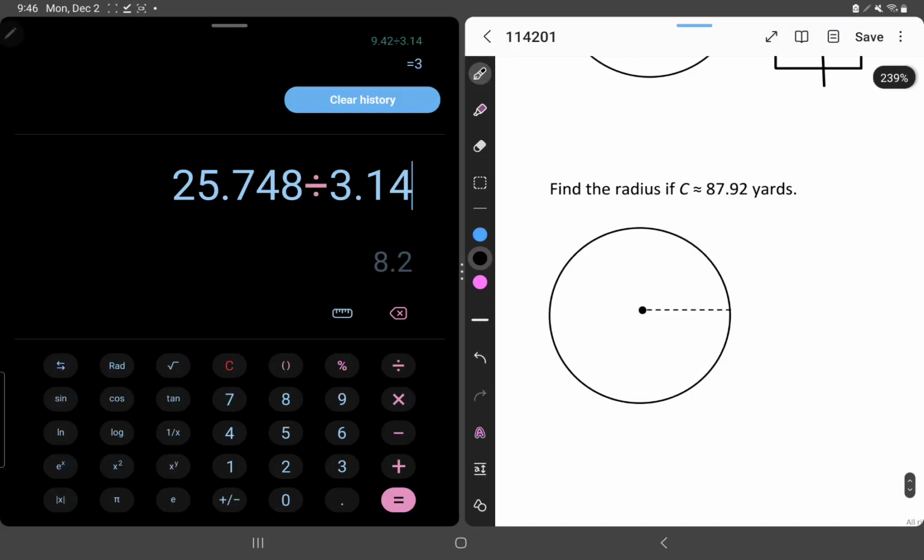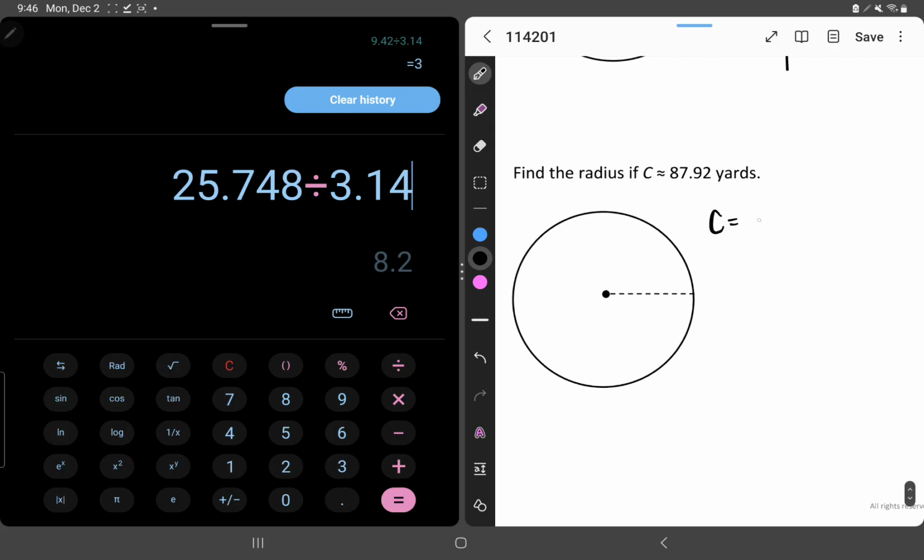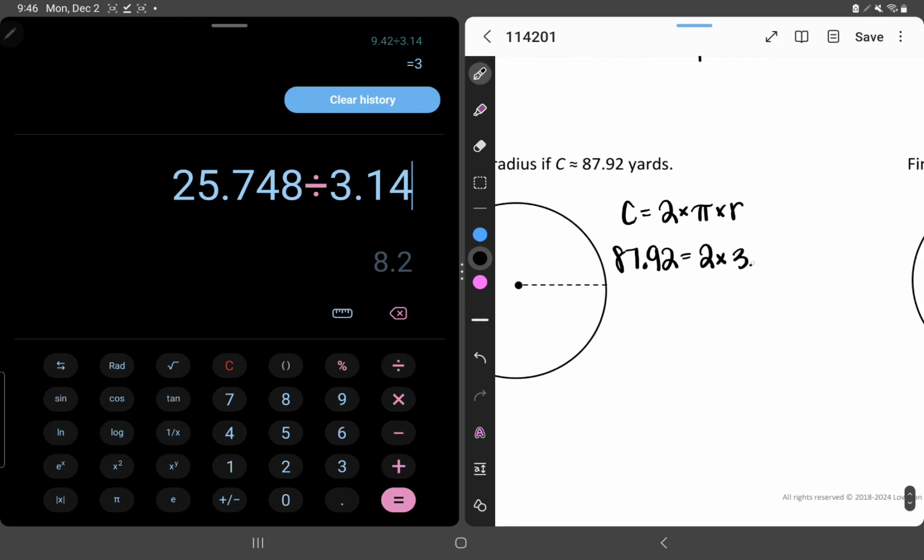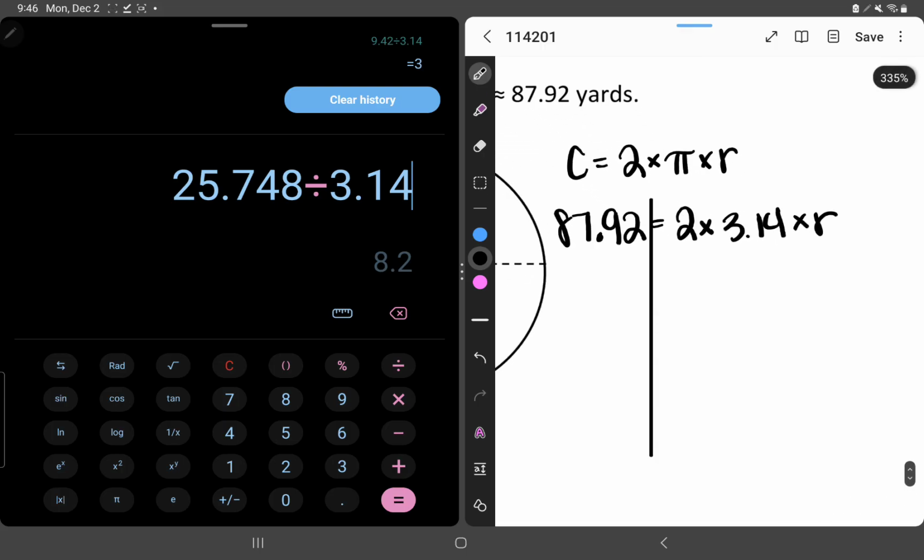All right, this one says find the radius if C is approximately 87.92 yards. So what formula am I using? We should be using that C equals 2 times pi times radius. Where C goes, I'm going to put in 87.92 equals 2 times 3.14 times radius. Now, you could start by dividing by 2. You could start by dividing by 3.14. Or you can multiply 2 times 3.14. There are all these options that you could do.